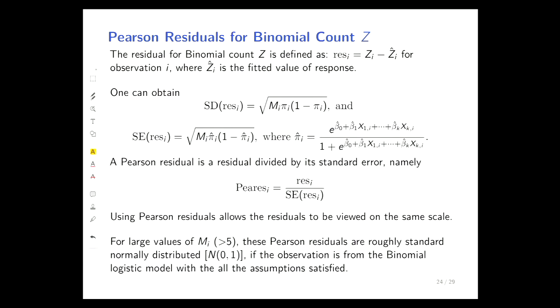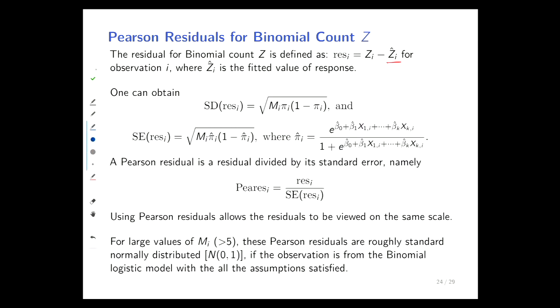So Pearson residual, you can consider it as the name for the standardized residual in the binomial logistic regression model. It's just a name, but the idea is very similar. Recall that earlier we defined the fitted value of z. What's the fitted value of z?